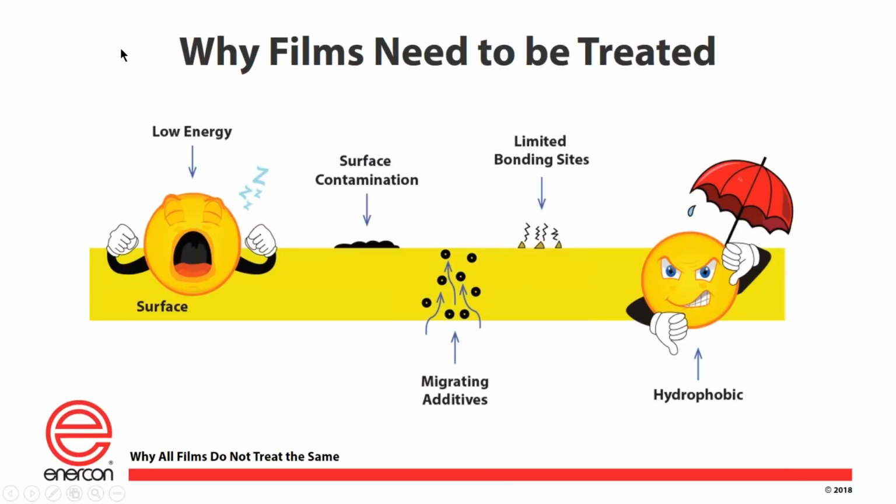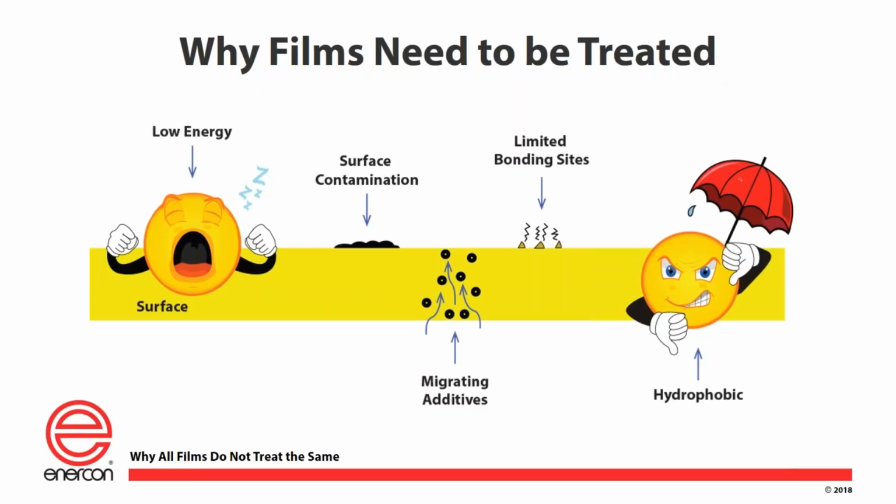So here you go. This is a perfect example of what I'm referring to. That slip surface is very low energy, right? It has no affinity for anything, no bonding, no wetting. In addition, you might have some dirt, debris, maybe some other surface contamination on that film. Consequently, if you tried to bypass the treater and convert it, you would not be successful.